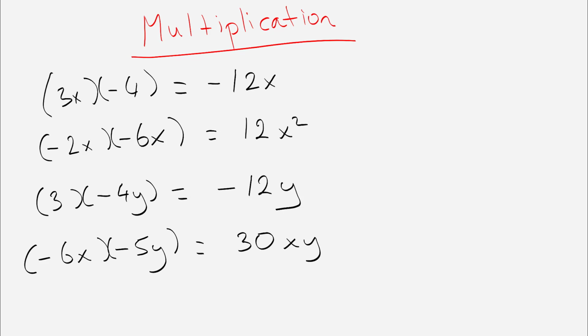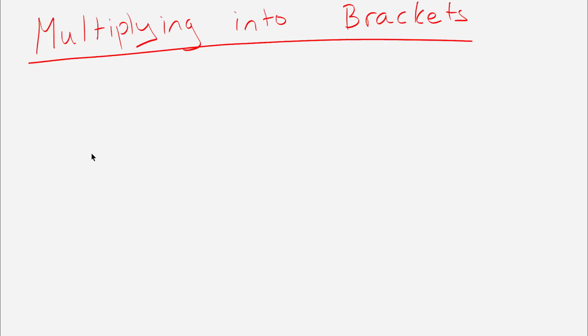So once we understand the basic ideas of how to multiply terms and how to handle the signs, we look at multiplying into brackets. Let's say I have something like 3 times (x plus 2). It's important to understand here that the 3 is multiplied into the bracket. So the 3 is multiplying the x and also multiplying the 2.